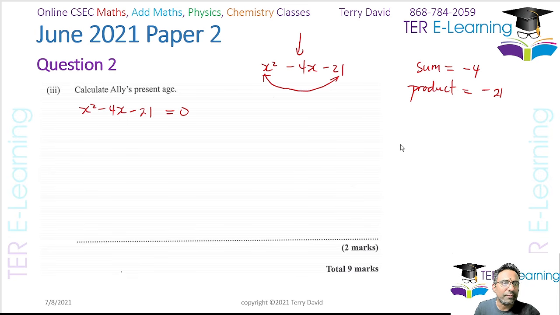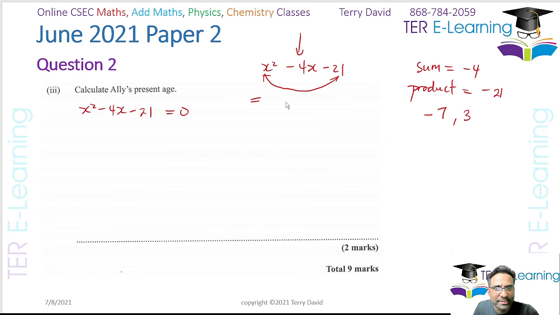Now we need to figure out what two numbers, when I multiply them, I'm going to get minus 21, but when I add them, I'm going to get minus 4. So if I use, let's say, minus 7 and positive 3, let's see if that can work. If I take minus 7 and add it to 3, yes, I get minus 4. And if I take minus 7 and multiply by 3, yes, I get minus 21.